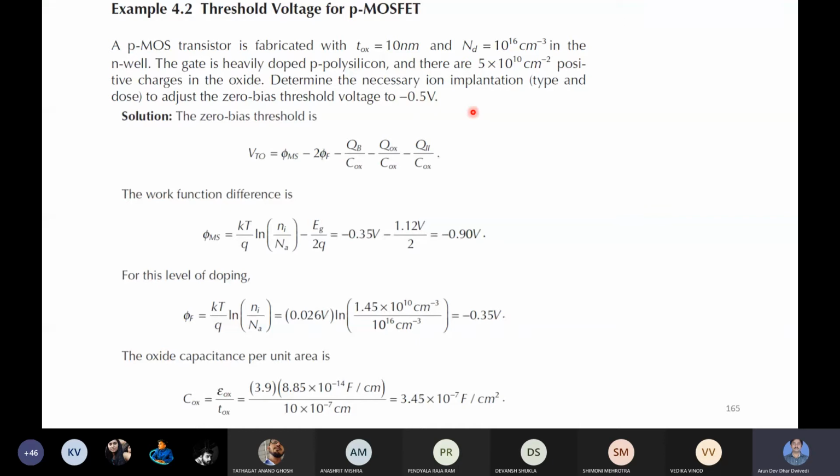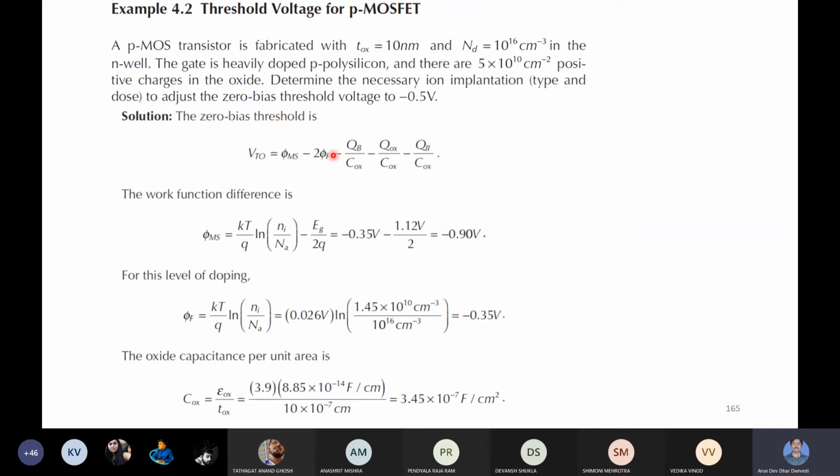Since it is a P type channel MOSFET, generally we want negative threshold voltage. So this is the formula: VT0 without substrate bias, phi ms minus 2 phi f minus Q by COX, meaning depletion charges, oxide charges, and then ion implanted charges also. So this is the modification, the threshold voltage adjustment.